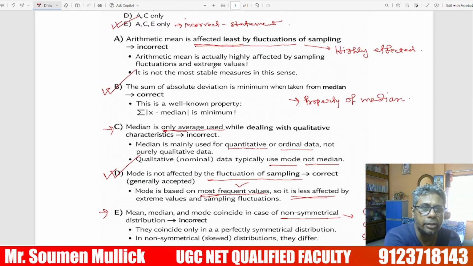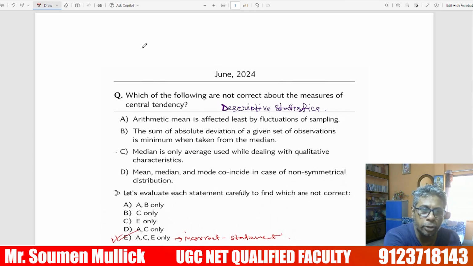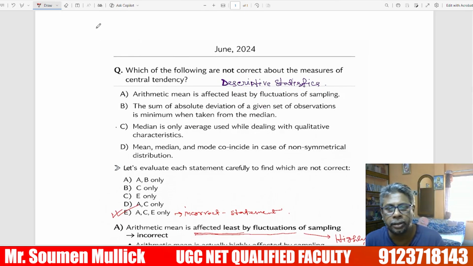Our next question is from June 24. Which of the following are not correct about the measures of central tendency? This question is based on descriptive statistics. The first statement: arithmetic mean is affected least by fluctuation of sampling. Second: the sum of absolute deviation of a given set of observations is minimum when taken from the median.